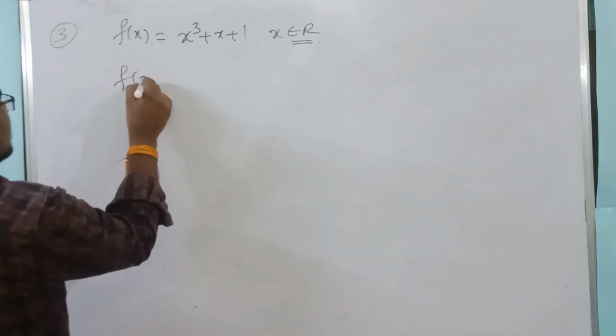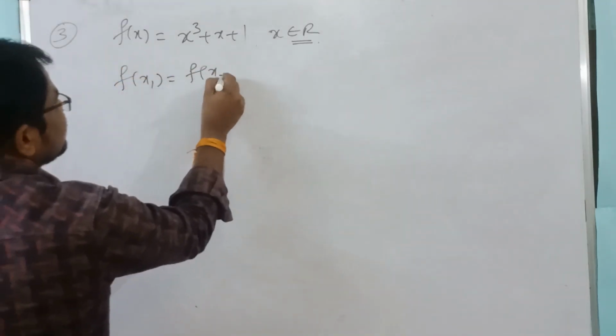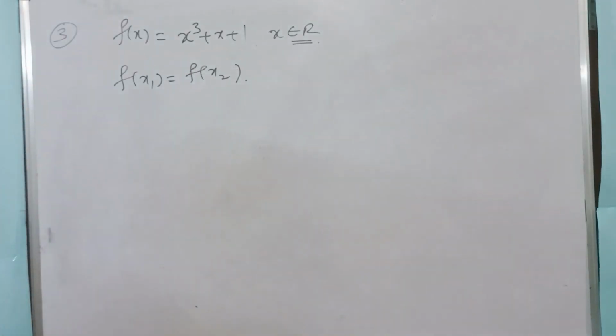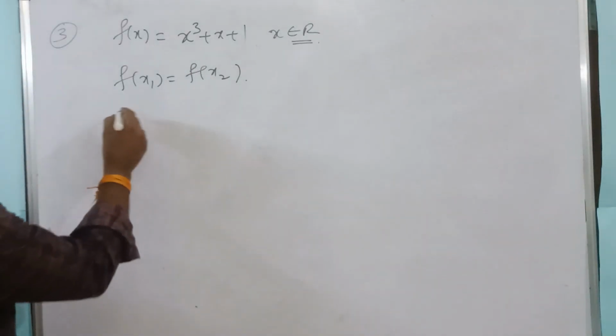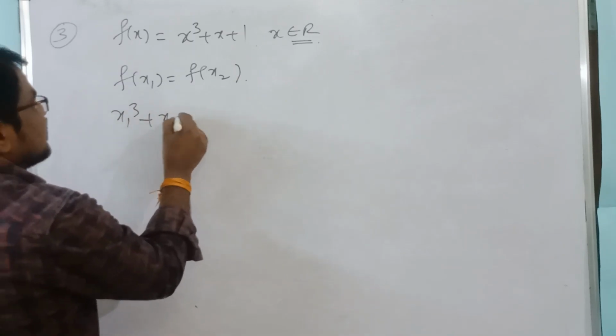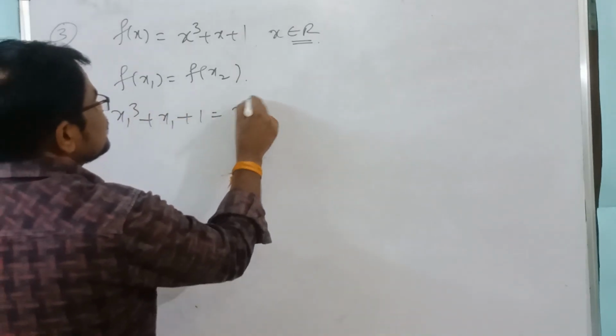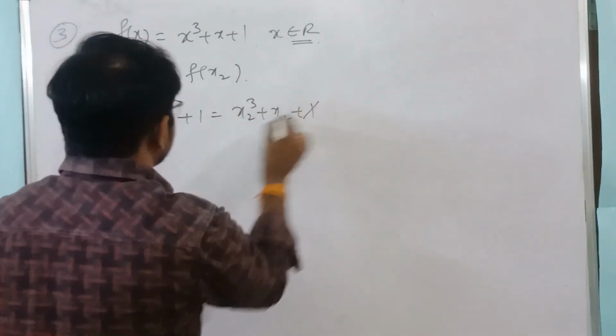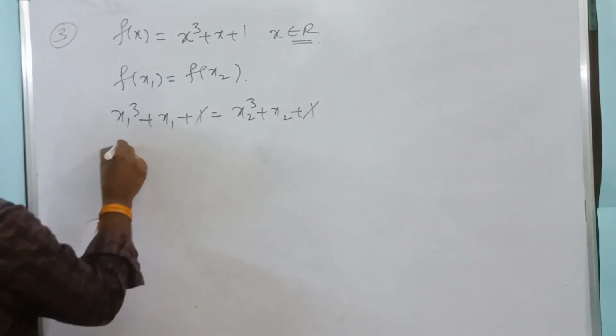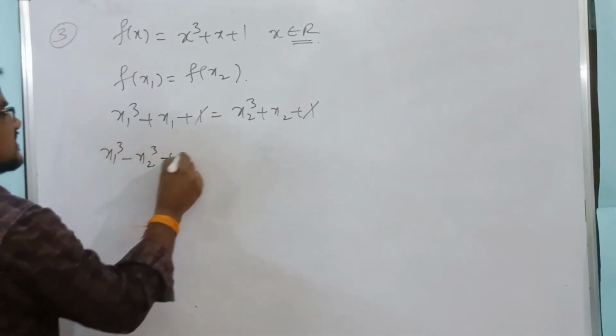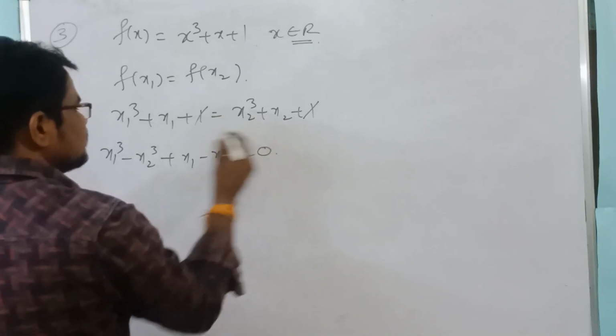Here also you take f of x1 equal to f of x2. So x1 cube plus x1 plus 1 equal to x2 cube plus x2 plus 1. These two get cancelled. x1 cube minus x2 cube plus x1 minus x2 equal to 0.